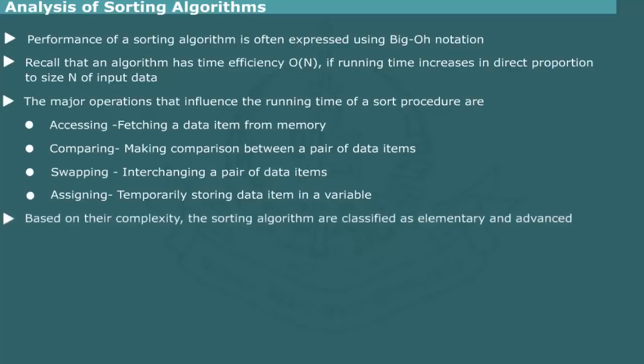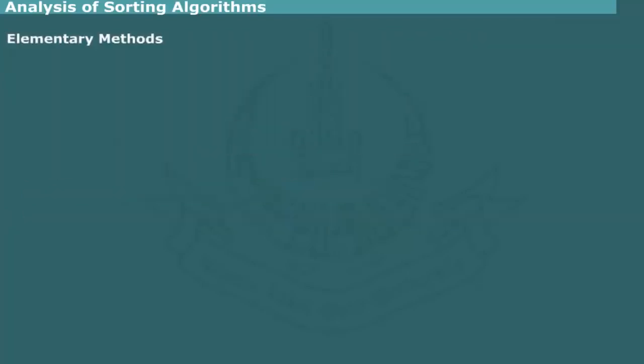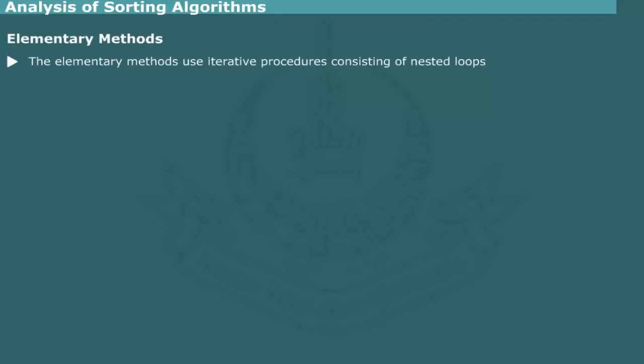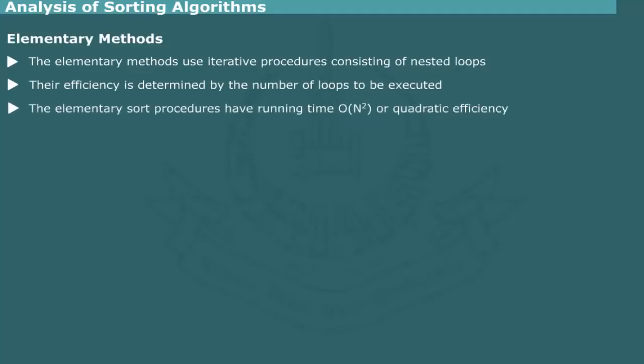Based on the complexity, the sorting algorithms are classified as elementary and advanced. The elementary methods use iterative procedures consisting of nested loops. Consequently, their efficiency is determined by the number of loops to be executed. In general, the elementary sort methods have O(n²) or quadratic runtime.